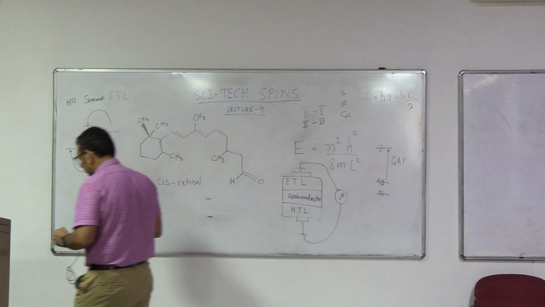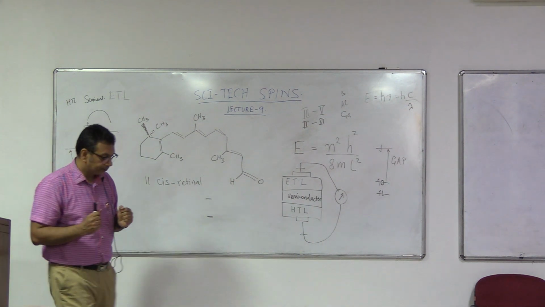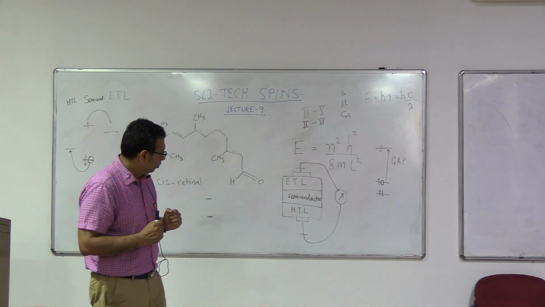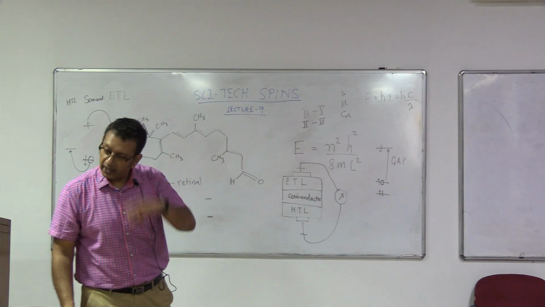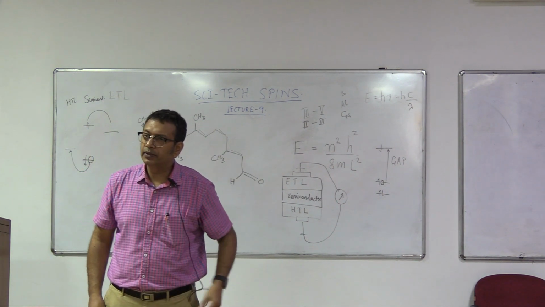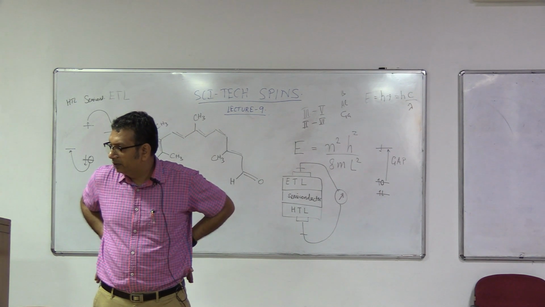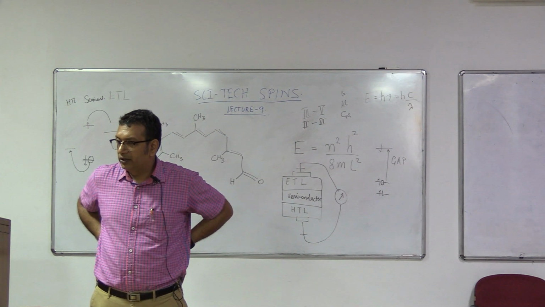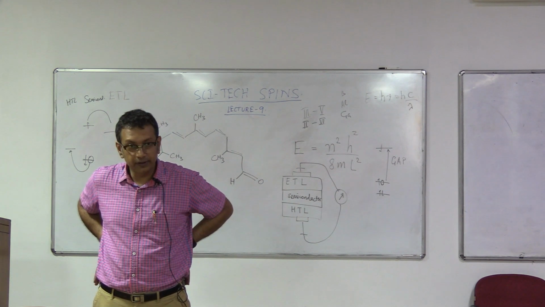Now I'm looking at the band gaps of all these materials, and what I've not told you is that all these band gaps, come back to the hydrogen atom, the n equal to 1, the ground state. You all know the energy is minus 13.6 electron volts.